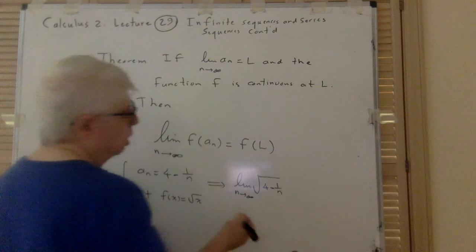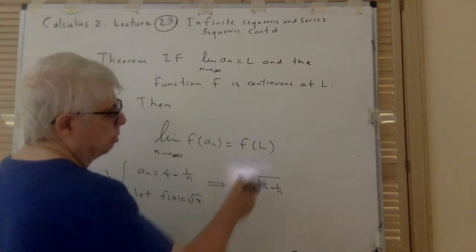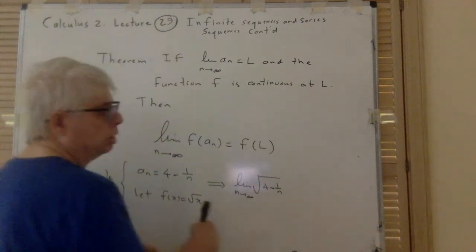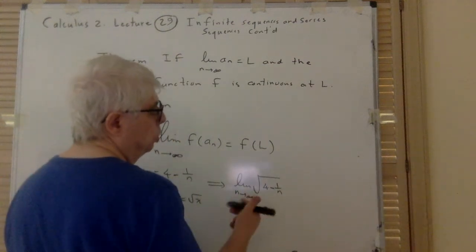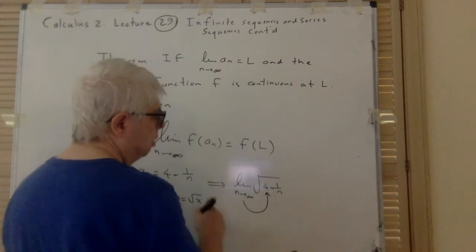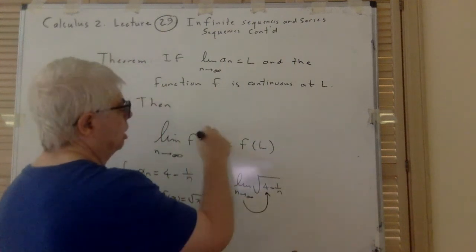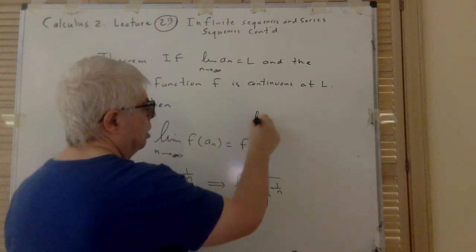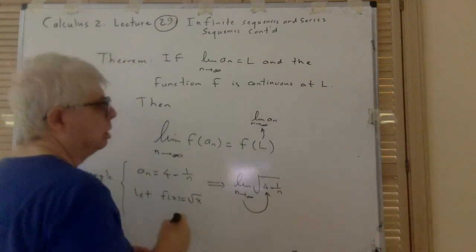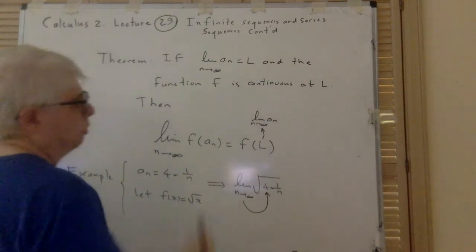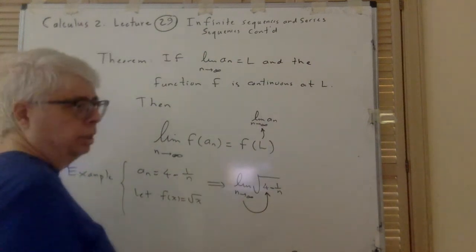Now students usually just bring the limit down. They say, okay, the inside is 4, so the limit is the square root of 4, which is 2. But why can you do that? Why can you bring this limit inside? In fact, that's the meaning of the theorem. This L is the limit of an. It's saying that the function f and the limit commute.